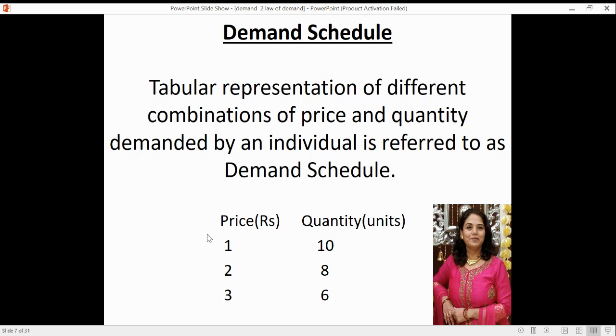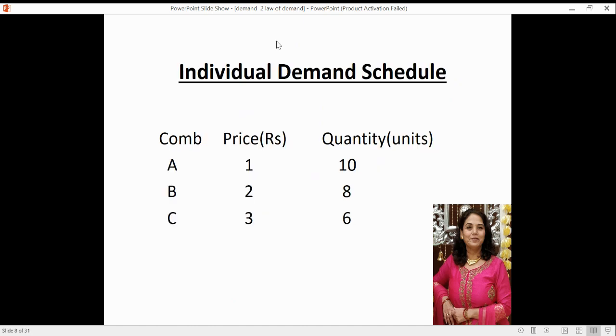So the demand of a consumer presented in tabular form is called demand schedule. When I talk of demand of an individual, I call it individual demand schedule. Demand schedule by default is nothing but individual demand schedule.